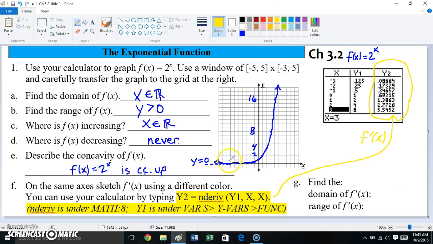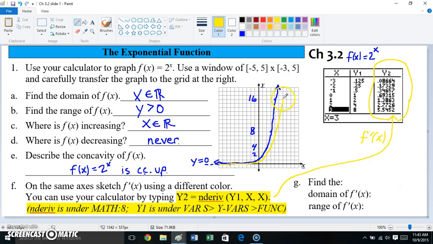Okay, so using a graphing calculator that will graph a derivative, the derivative of 2 to the x looks a lot like 2 to the x, except it's a little bit shorter, right? The y values are below, and I'm just kind of roughing this in here.